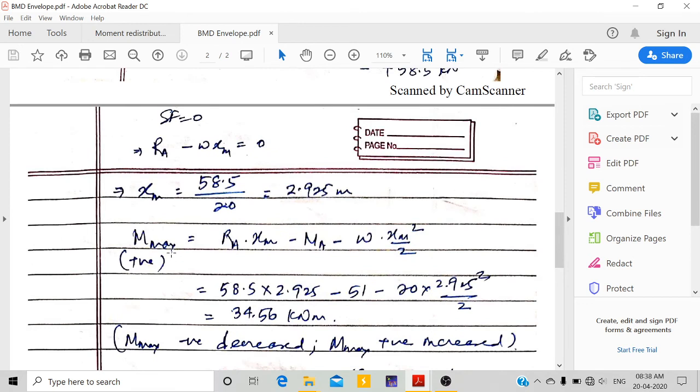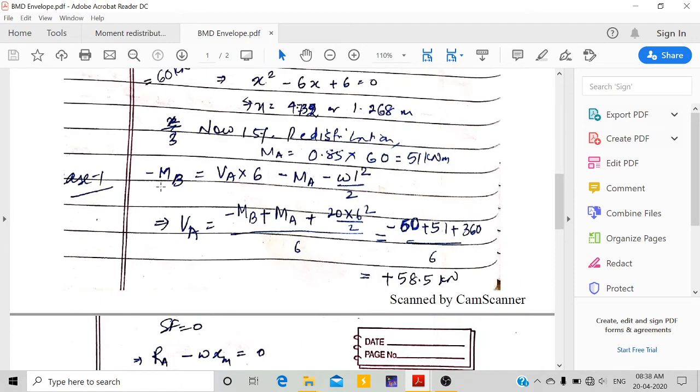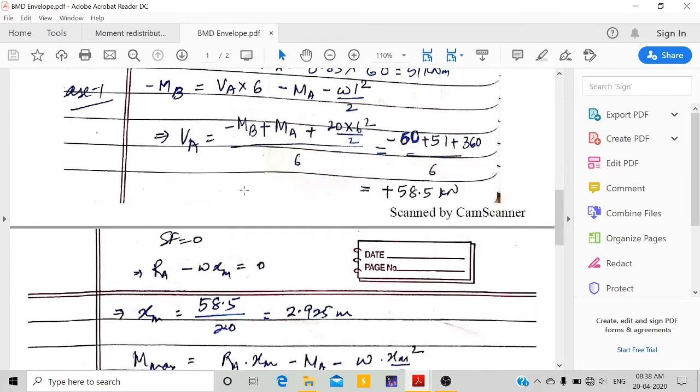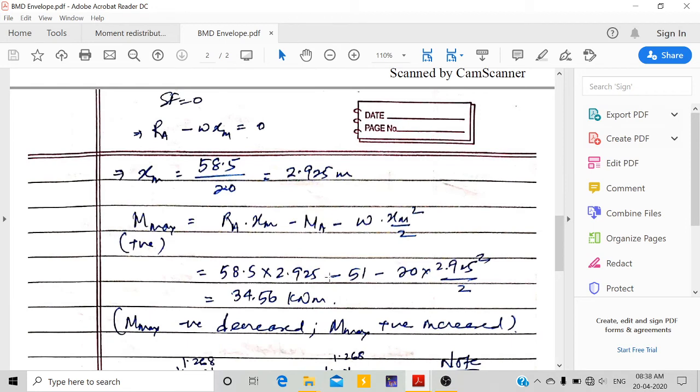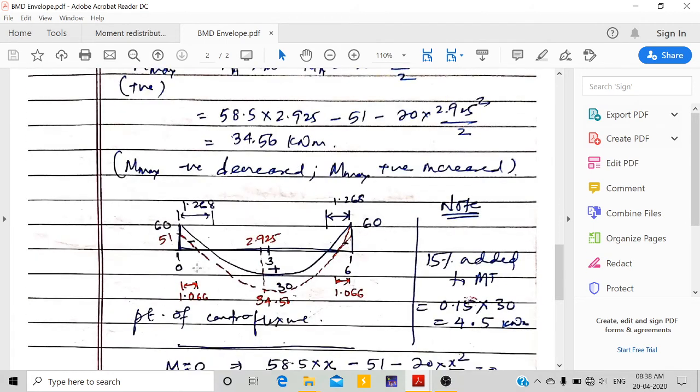So the maximum moment is 34.5. How? Now I'm going to put in the XM value and calculate the bending moment at this point: RA into 2.925 minus MA 51 minus W XM square by 2. This is the same equation, but I calculate it at XM instead of at B. We get 34.57, so this is the maximum positive moment.